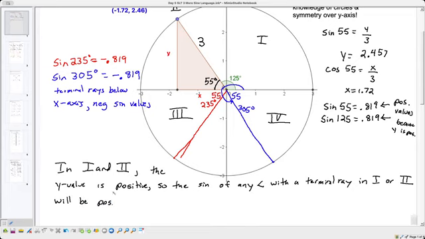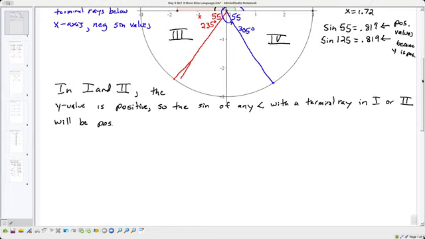Okay, I want you to pause the video and I want you to write a very similar sentence dealing with quadrants 3 and 4. Okay, hopefully you wrote, in quadrant 3 and quadrant 4, the y value is negative.